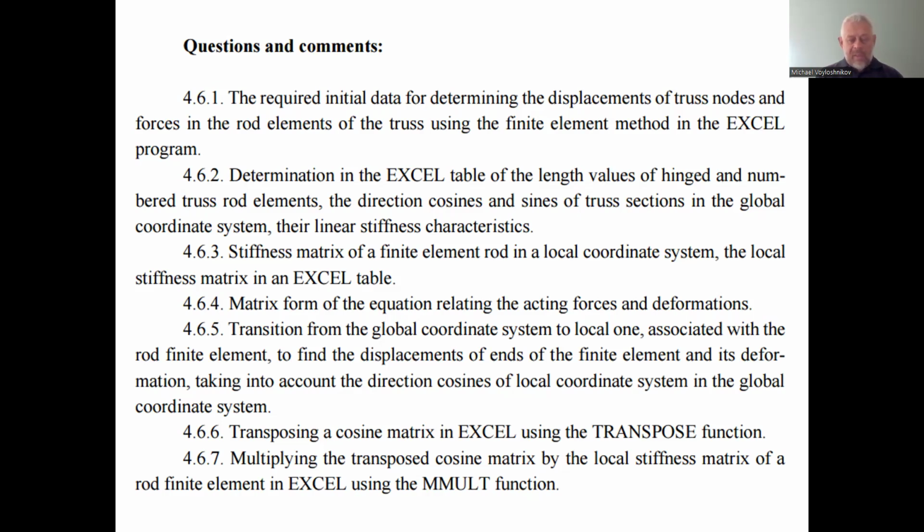4.6.7. Multiplying the transposed cosine matrix by the local stiffness matrix of a rod finite element in Excel using the MMULT function. First we have to multiply the transposed cosine matrix by the local stiffness matrix using this function. To do that, we have to select the range of cells for the result of the product of the two matrices.